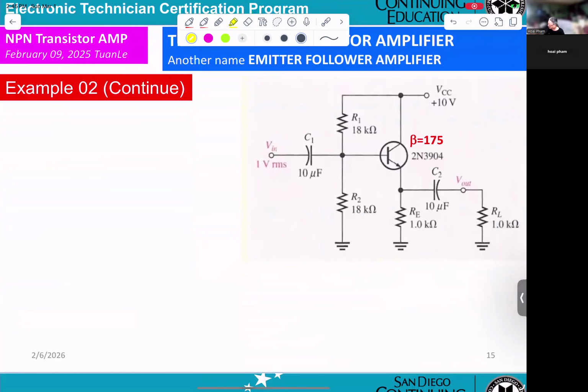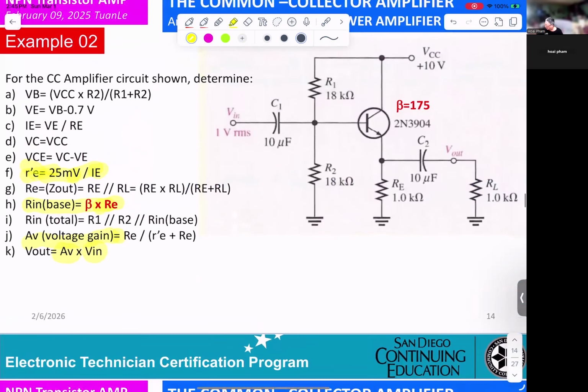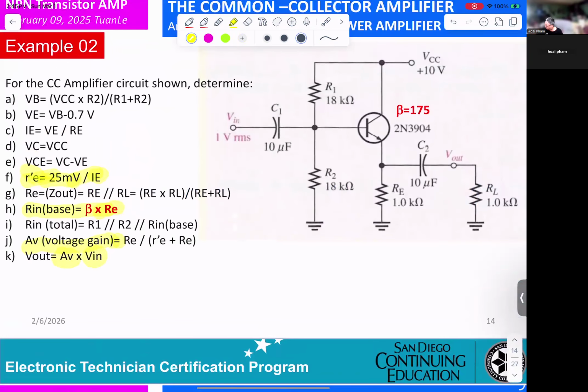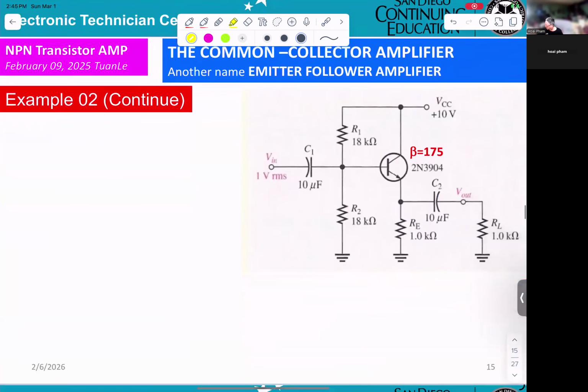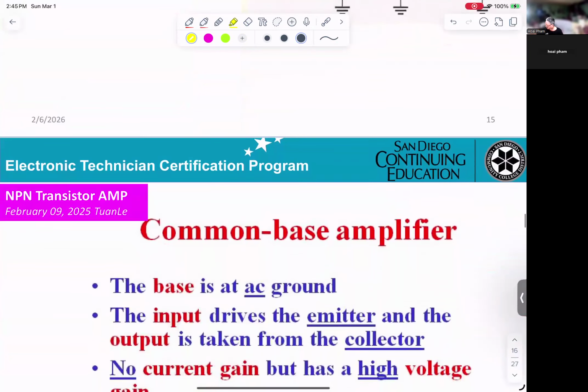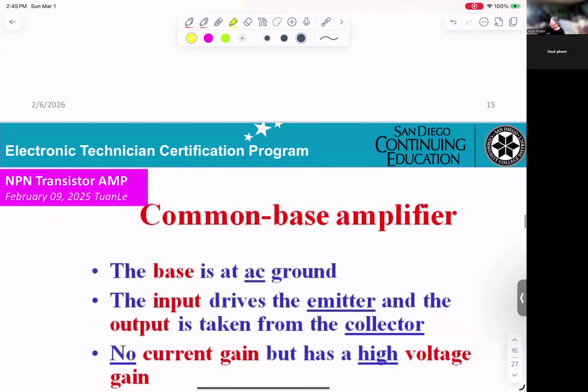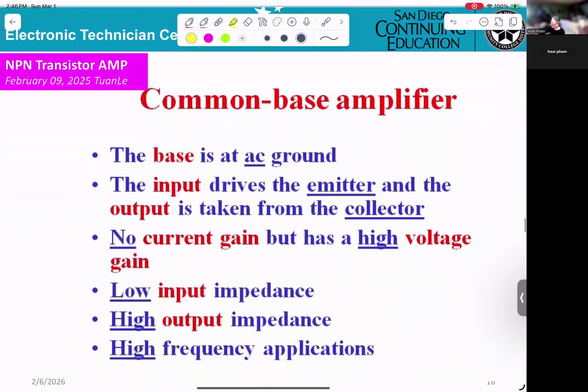Example to continue. Okay, example two. Okay, the last one, common base. The base is grounded.